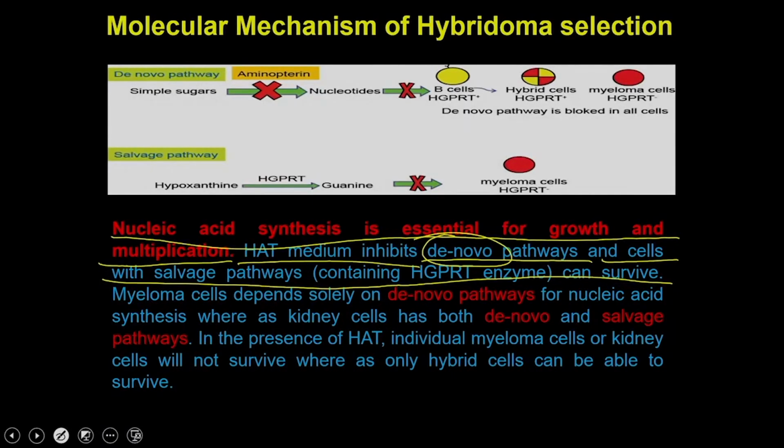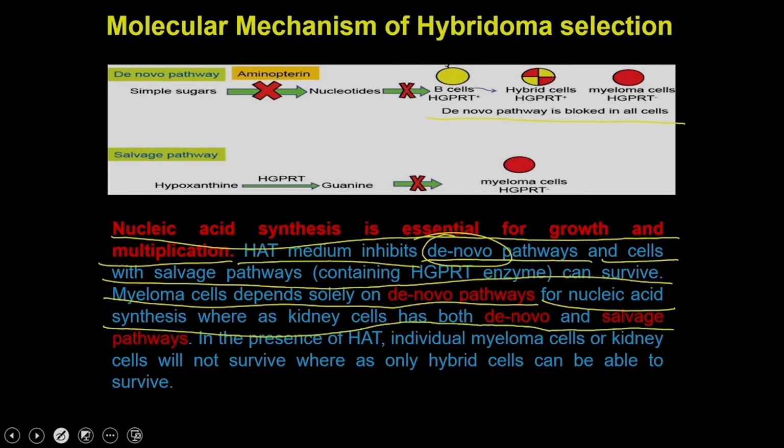So the HAT medium contains the inhibitor which kills the de novo pathway. Myeloma cells depend solely on the de novo pathway for nucleic acid synthesis, whereas the B cells have both the de novo as well as the salvage pathway.